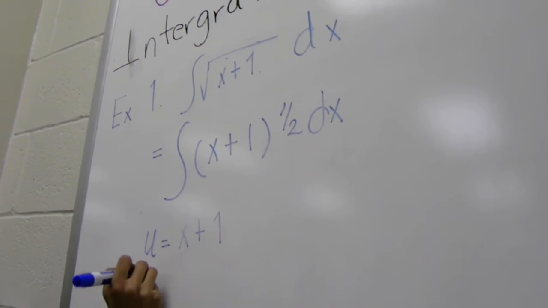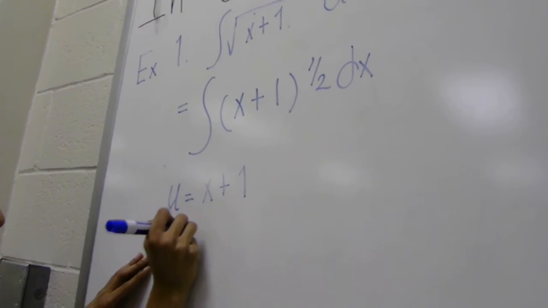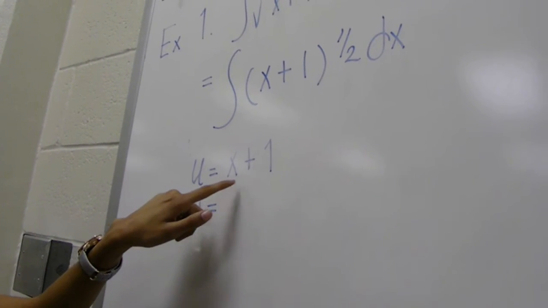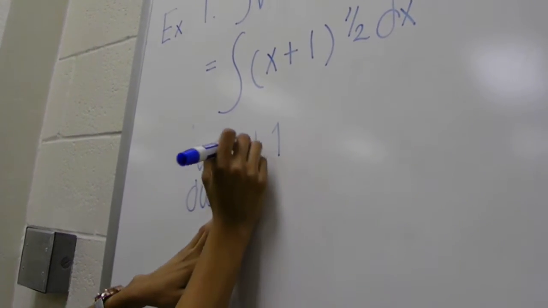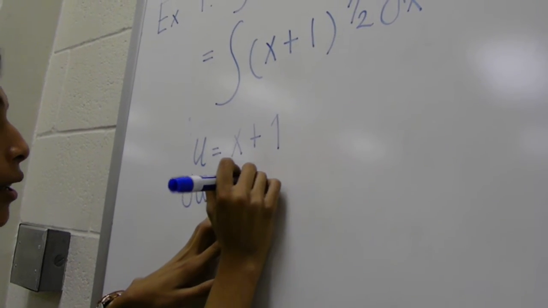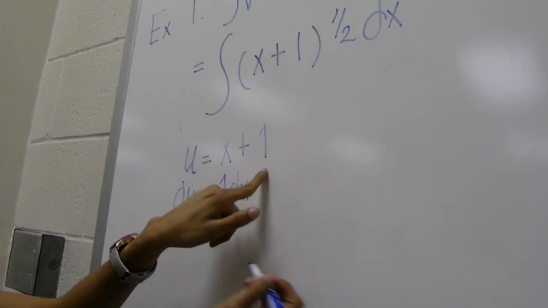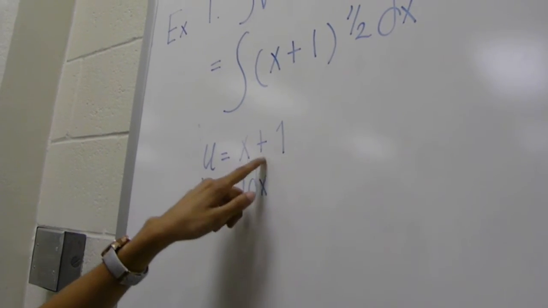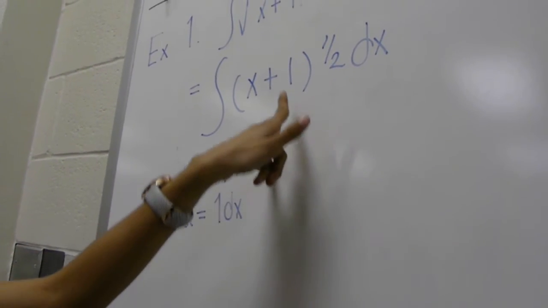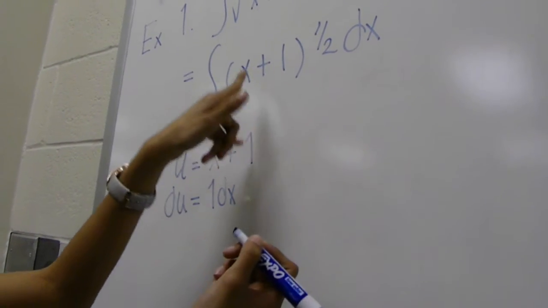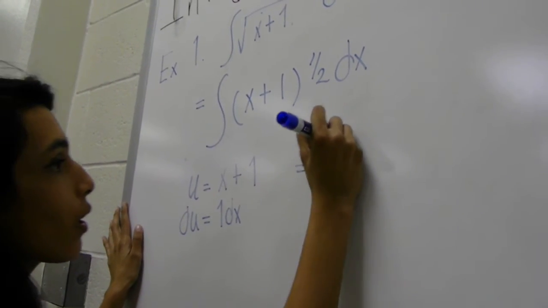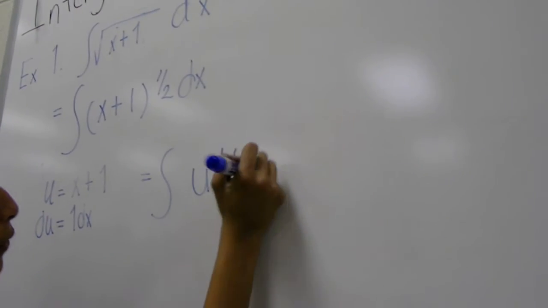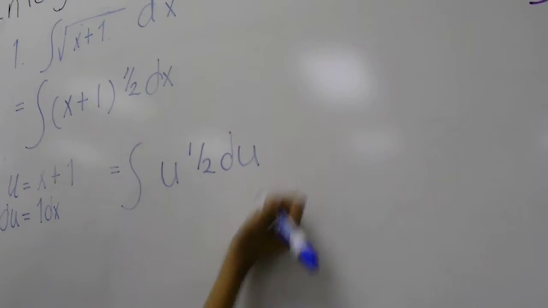And how we get our du is by differentiating x plus 1. We simply know that the derivative of x is 1 dx, and 1 is a constant, so its derivative is 0. So we already have our dx. Now we can rewrite this as the integral of u to the 1/2 du.